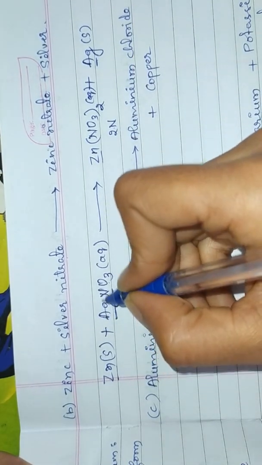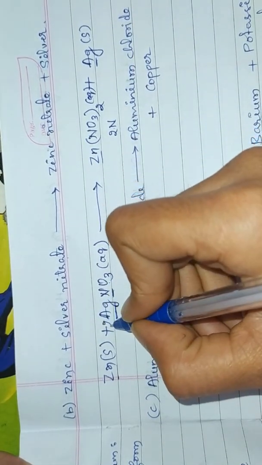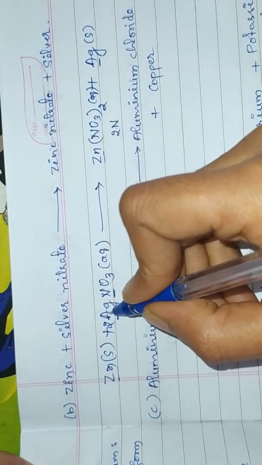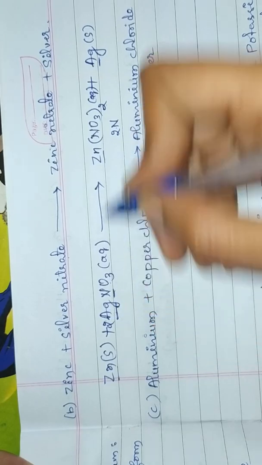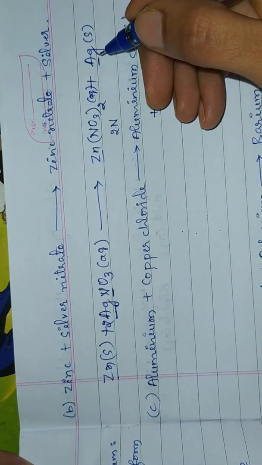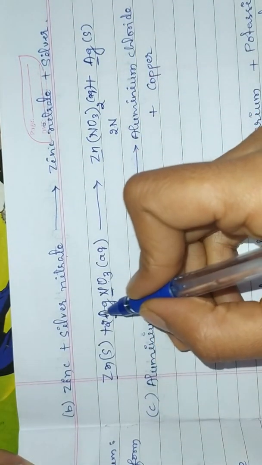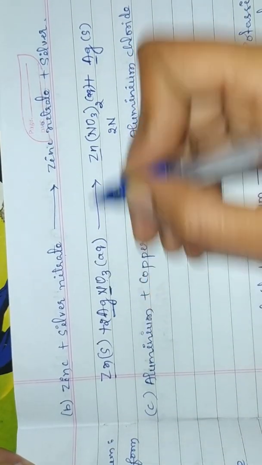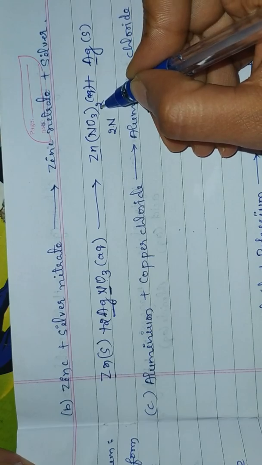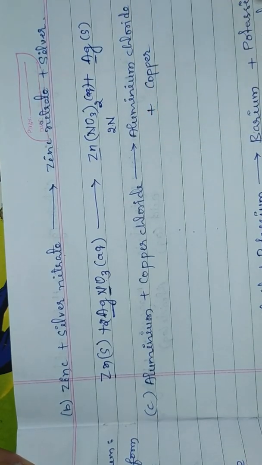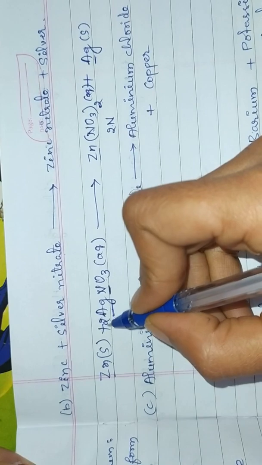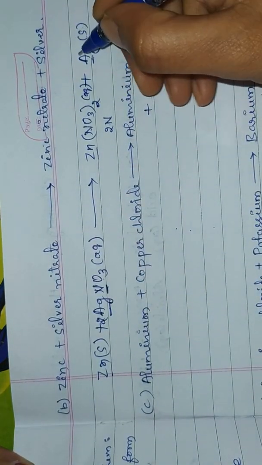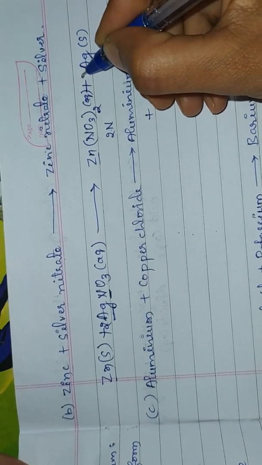Therefore this whole silver nitrate is multiplied by 2. Now count the number of nitrogen. Okay, here 2 nitrogen, here also 2 nitrogen. Okay, nitrogen atoms are balanced. Now we will see this silver. Okay, here 2 silver, but here 1 silver. So here we have to multiply by 2.